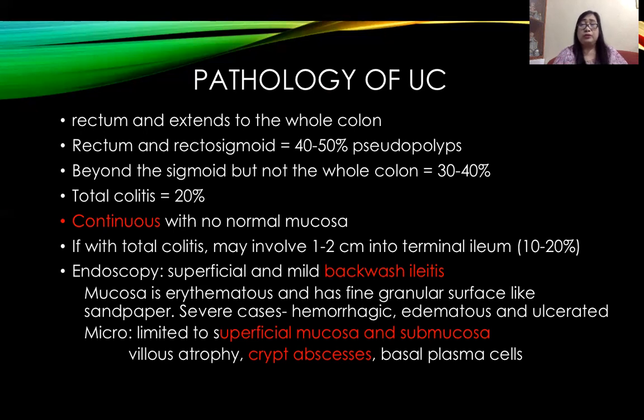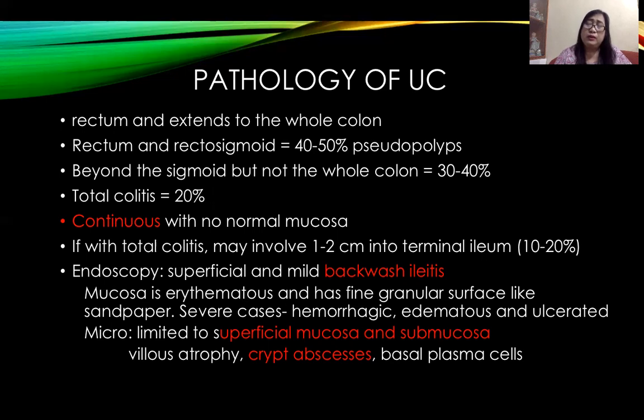When you do endoscopy, what you see in ulcerative colitis are superficial and mild backwash ileitis. Mucosa is said to be erythematous and has a fine granular surface like sandpaper. While in severe cases, you may see hemorrhagic, edematous, and ulcerated lesions. And microscopically, this is limited to superficial mucosa and submucosa.